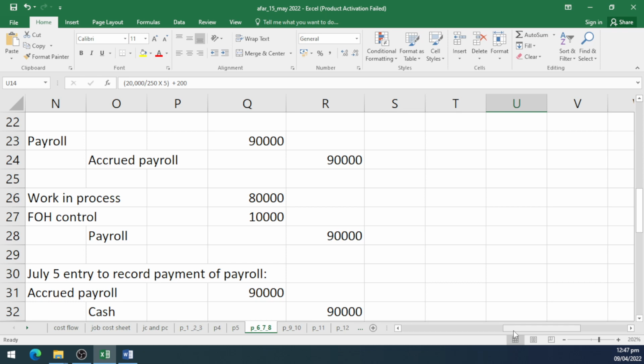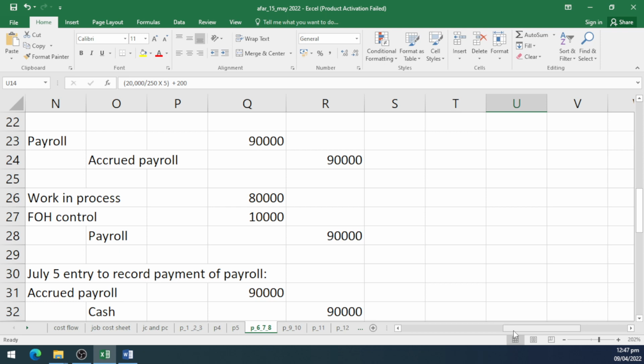Okay? So, debit to payroll 90,000, credit accrued payroll, or salaries and wages payable, or payroll payable, depende kung anong account title na ginagamit ng company, of course. Yan, 90,000.